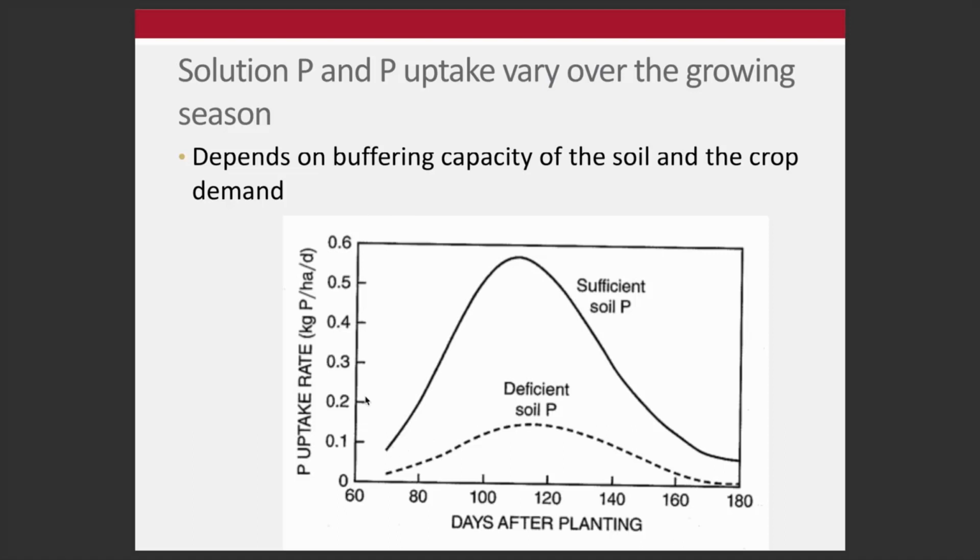This is our plant phosphorus uptake rate and days after planting, and we can see that when we've got a sufficient soil, we've got a high enough buffering capacity that it can supply and keep up with that plant demand. For the deficient soil, we don't, and by definition that's why it's called deficient.